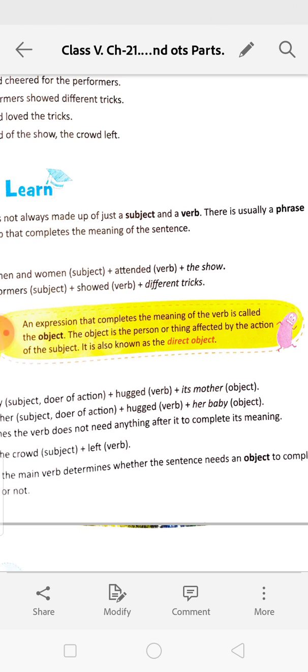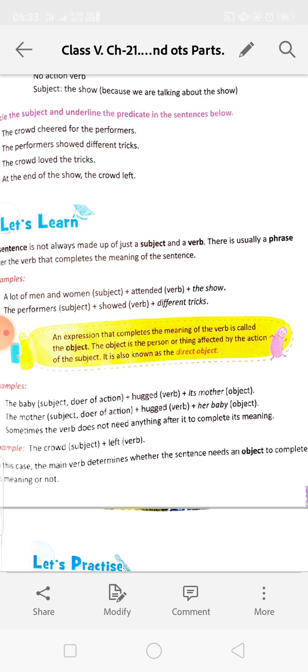That means the object will be affected by the subject. It is also called the direct object.